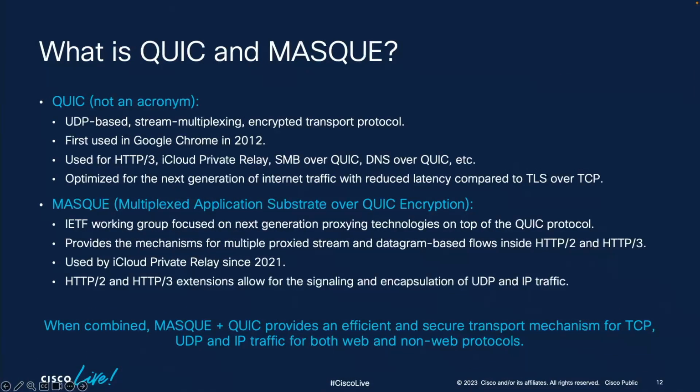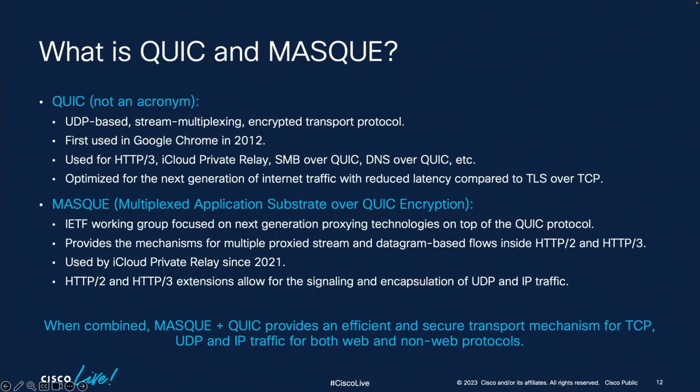Okay, so QUIC is basically a UDP-based encrypted transport protocol. It was developed by Google, by people that worked at Google. It was first introduced and used in Chrome, as well as different web applications, in 2012.